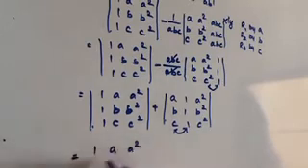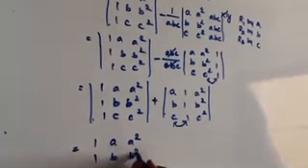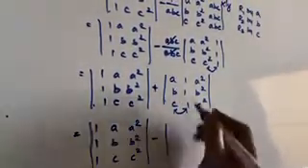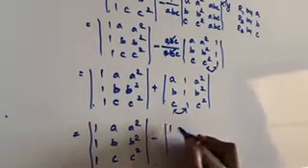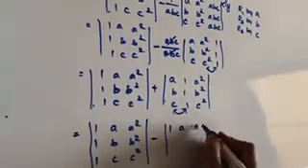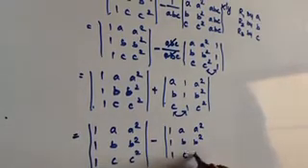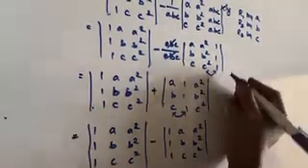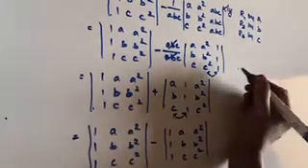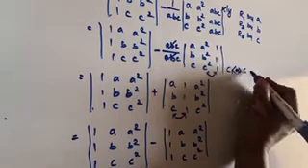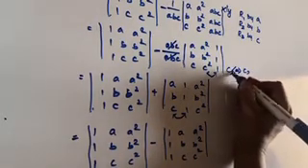So, the plus will become minus, and now the second matrix will be 1, a, a square; 1, b, b square; 1, c, c square. Here we have interchanged columns 2 and 3, right, C2 and C3.